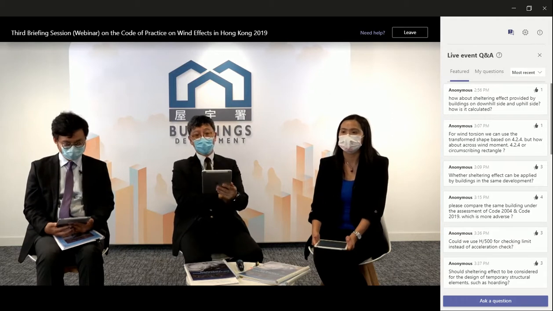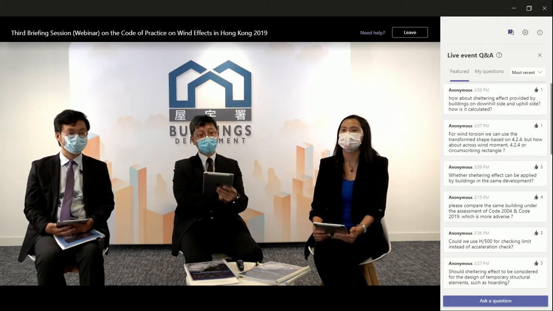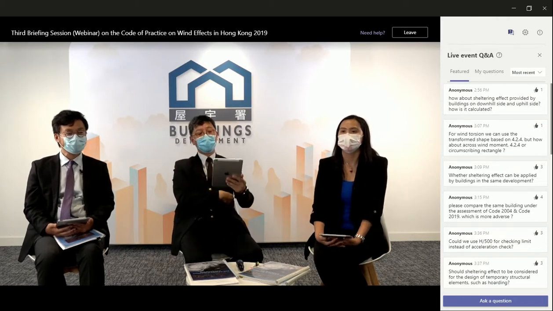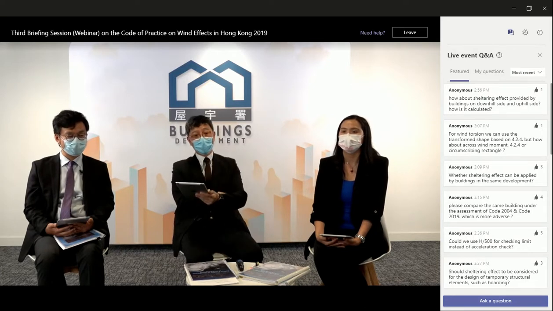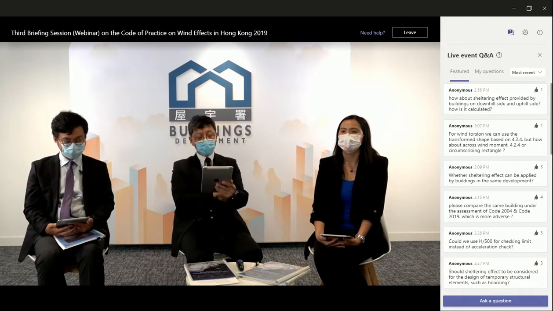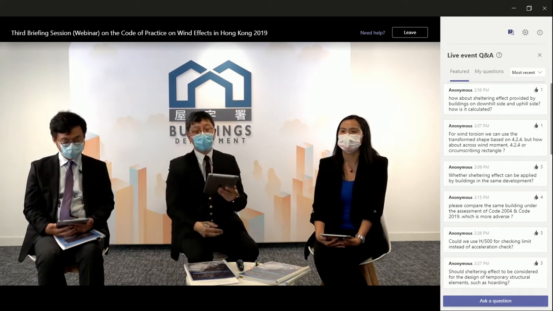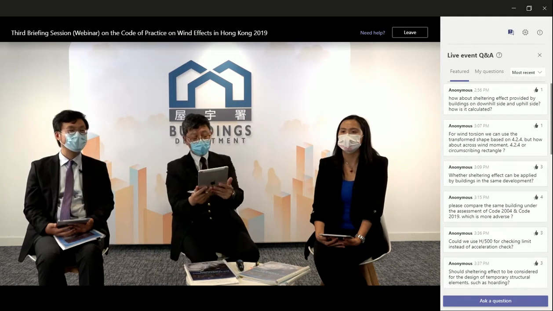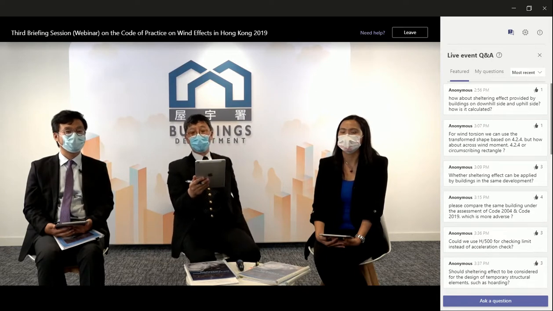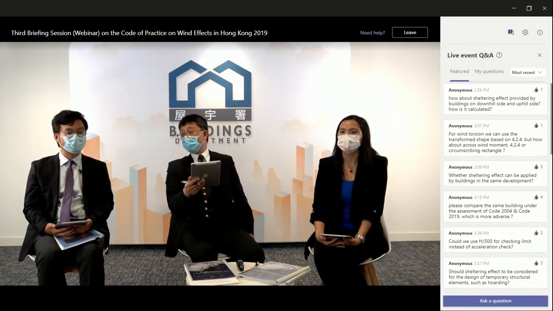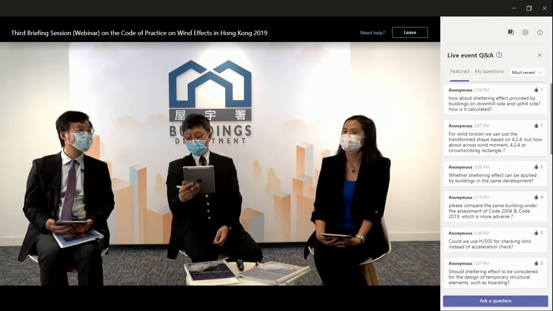We compare with a range of aspect ratios and also a number of configurations and locations, because when the building is located by the seaside and one is located in an urban dense area, you have different characteristics subject to the wind condition. For those, we have compared; generally the 2019 code we think is more beneficial to use, as a result of the new development in research which we have incorporated into the code. Tim, maybe you want to add further?